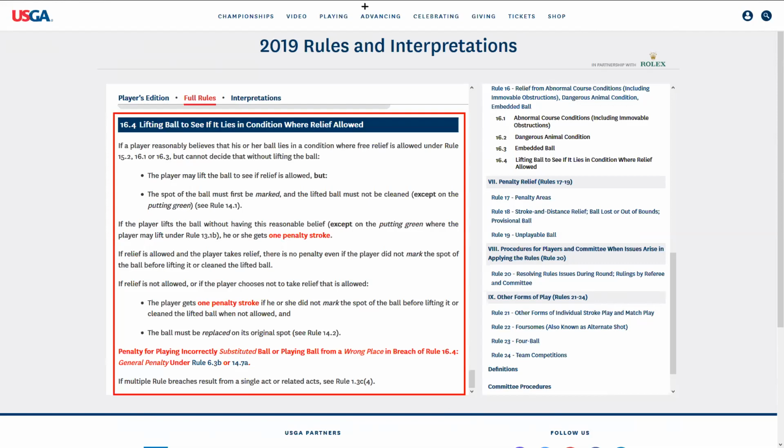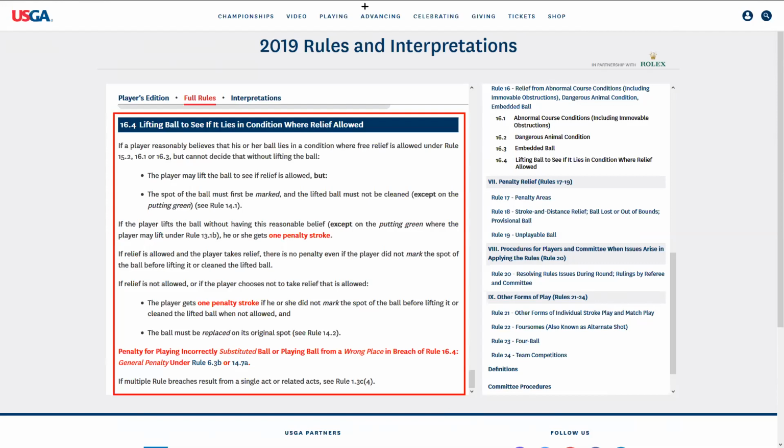And the answer is no. Your nearest point of complete relief is only one spot, and you have to go there. If you can't physically get to the nearest point of complete relief, you have to estimate that spot. So if it's in the middle of a tree, you then have to estimate that spot, and then you get one club length from that estimated spot.